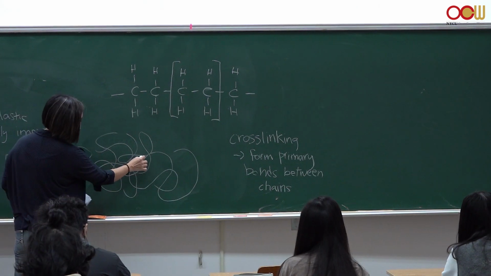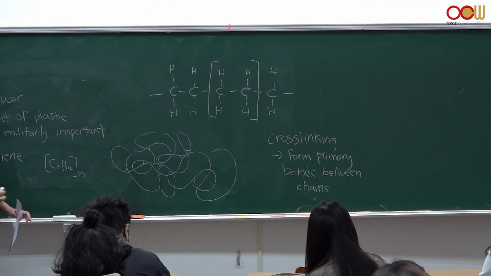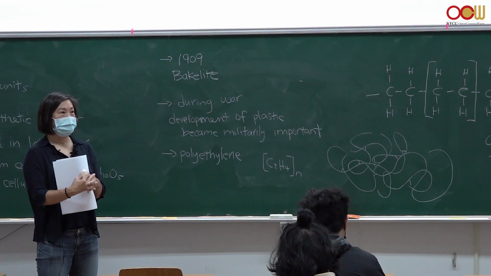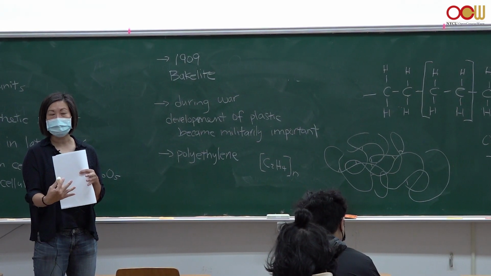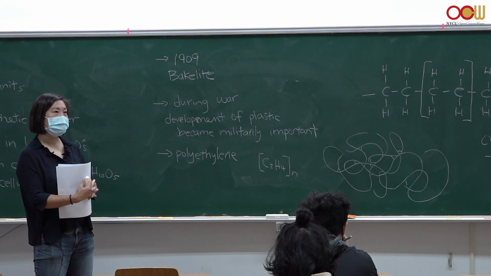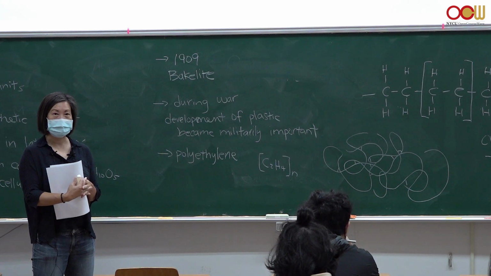So you could put in a bond here, something like that. You put in primary bonds, and now it's much more difficult for the chains to slide past one another. So the degree of cross-linking, how much cross-linking you put in, will change the elasticity of your plastic.